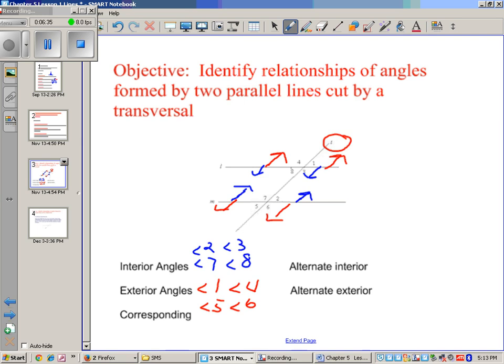It'd be more like 8 and 2 and 3 and 7 go together. You alternate from one side of the transversal to the other. So angle 2 and angle 8 are together. Angle 3 and angle 7 are alternate interior.